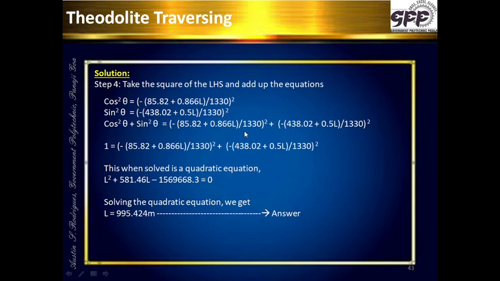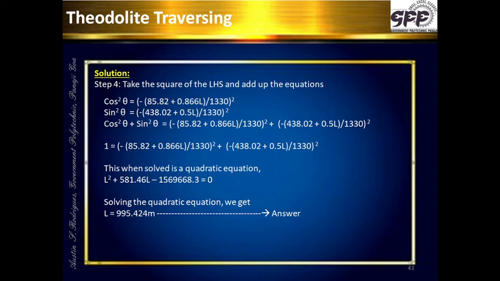There is only one unknown, which is L. Solving the equation for the squares, a plus b the whole square, adding them together, we are left with one quadratic equation, that is L square plus 581.46 L minus 1569668.3 equal to 0. Solving this, we get the length value as 995.424 meters. So we have solved this problem in order to find the length.